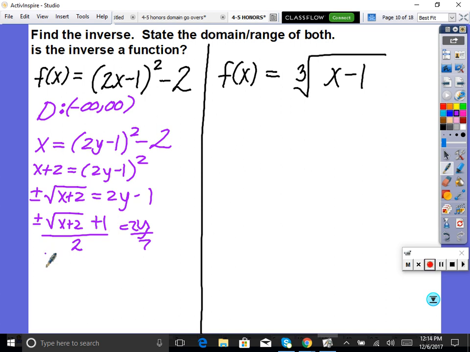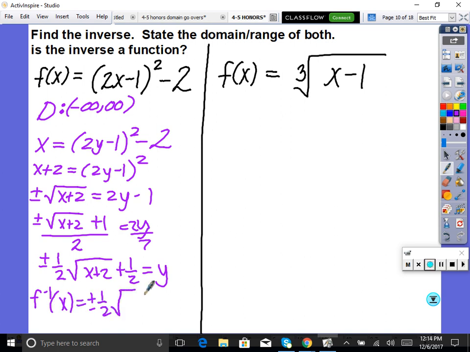So I'm going to rewrite this as plus and minus 1/2 square root of x plus 2. Do we agree? Plus 1/2. And that's equal to y. Now look, y's alone. So you would instead go like this. f inverse of x was equal to plus and minus 1/2 square root of x plus 2 plus 1/2.